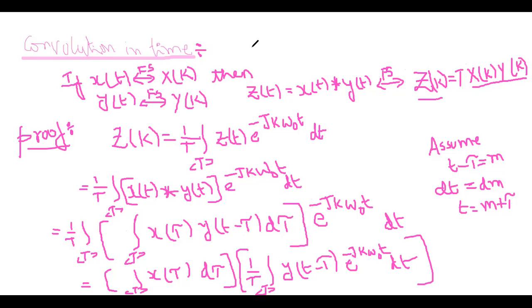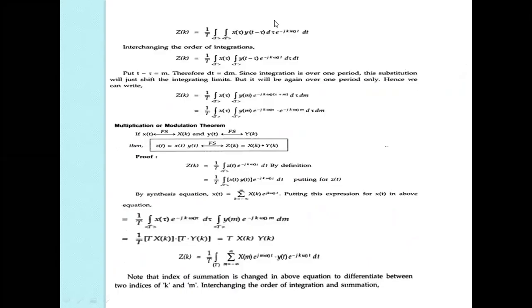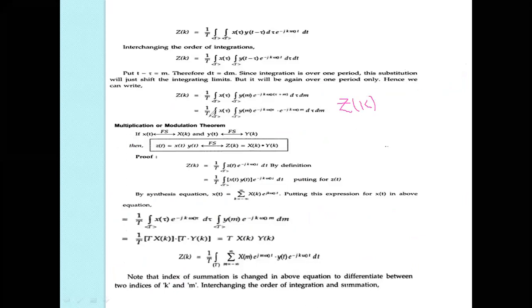Understood? So finally, z of k is equal to, taking off 1 by T, the integral of x of tau e power minus jk omega naught tau d tau as x of k, and the integral over T of y of m e power minus jk omega naught m dm, and if there is 1 by T, then only it is y of k.